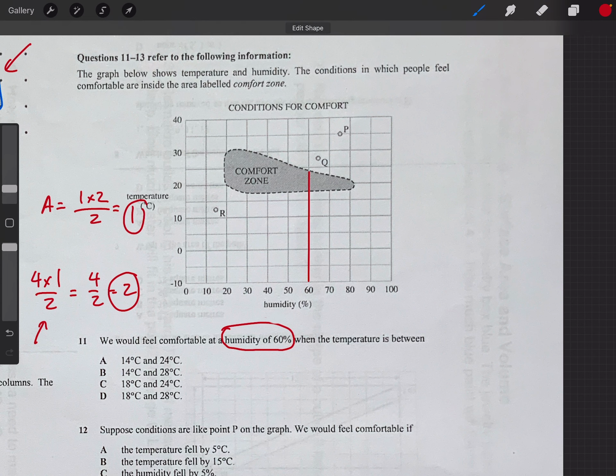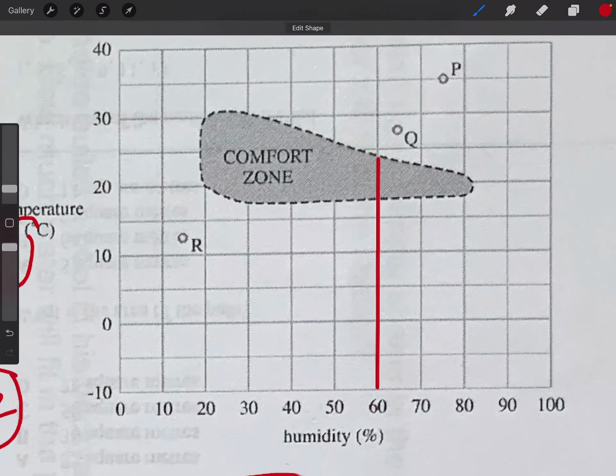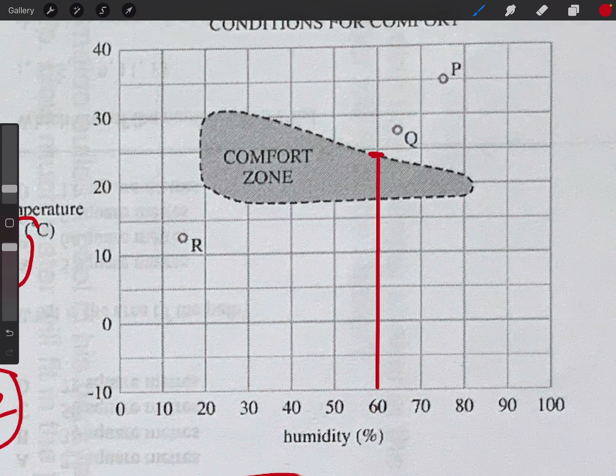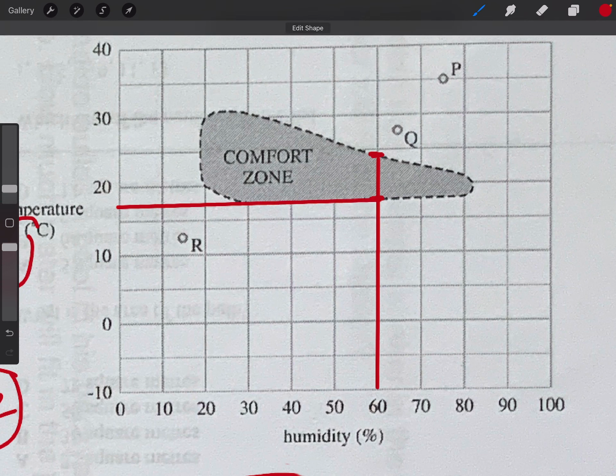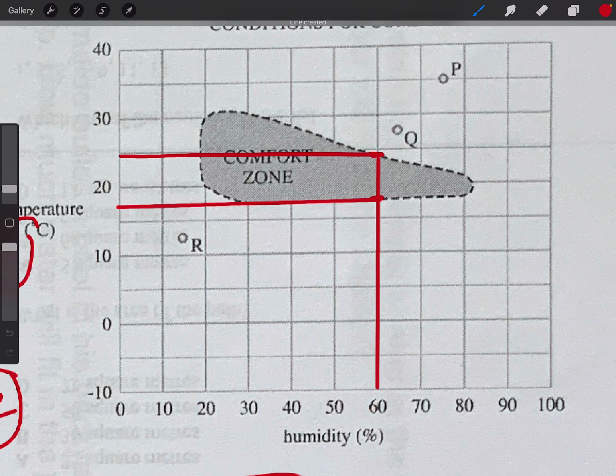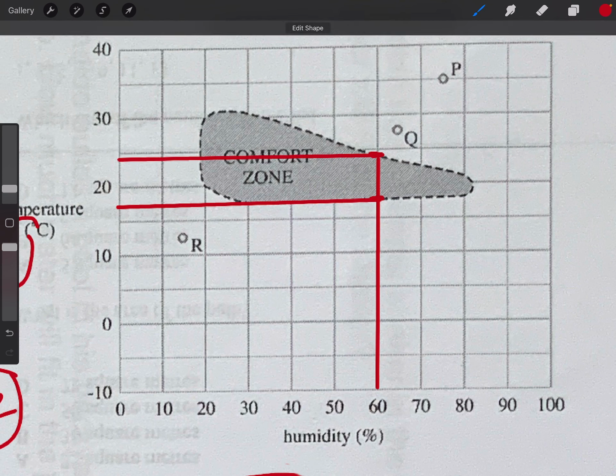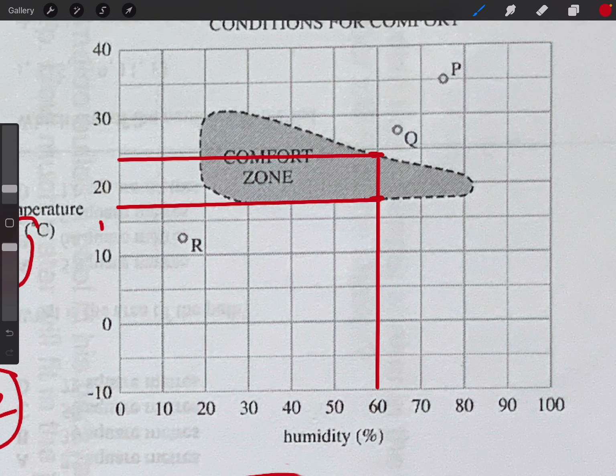If you have a humidity of 60%, the only time people are comfortable is when the temperature is between here and here. This is about 17 to about 24. So if the temperature is between 17 and 24, we are in the comfort zone.